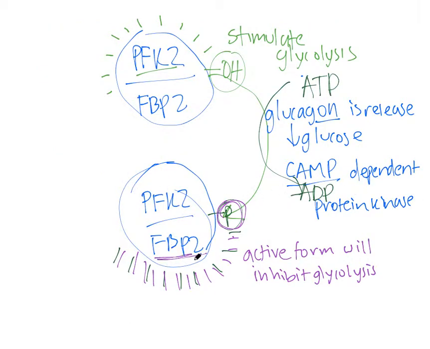This enzyme right here is going to push the fructose 2,6-bisphosphate back to fructose 6-phosphate. And how it's going to do that is through this enzyme called phosphoprotein phosphatase.